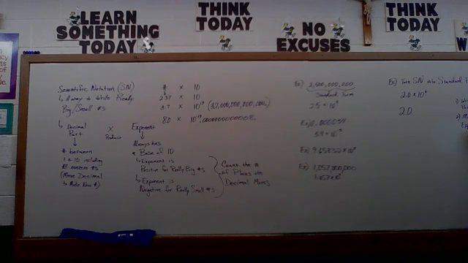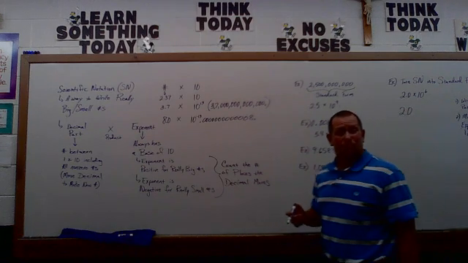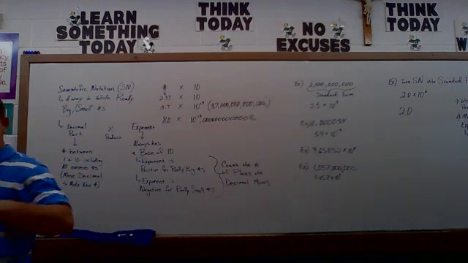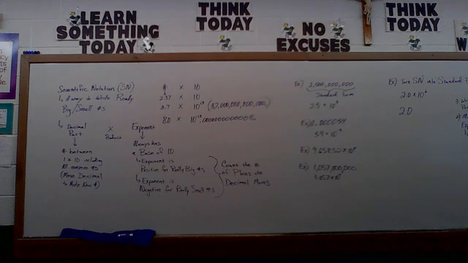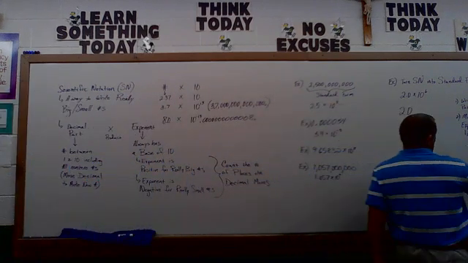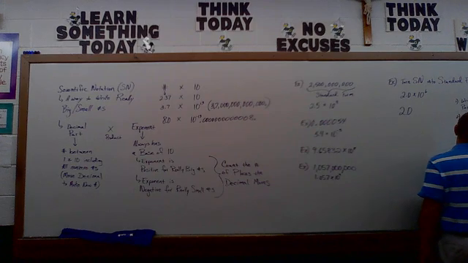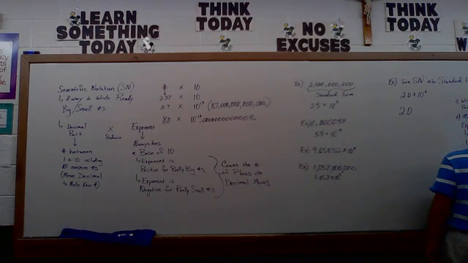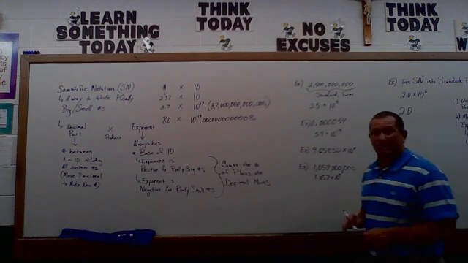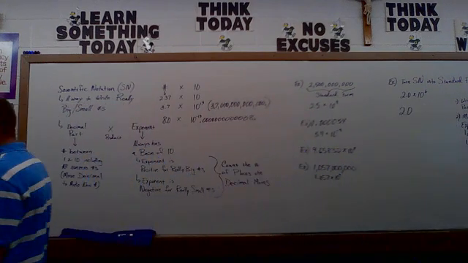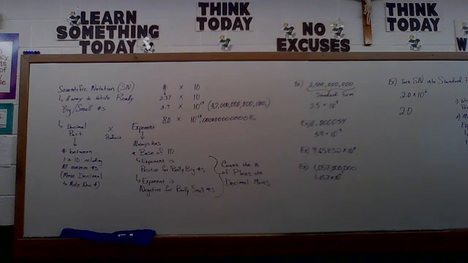If it's a positive exponent, I'm going to move my decimal to the right, because if it's a positive exponent, my number is going to end up being a big number. If it's a negative exponent, we're going to move it to the left, right? And again, anytime I have a negative exponent in scientific notation, it tells me that I should end up with a decimal number.